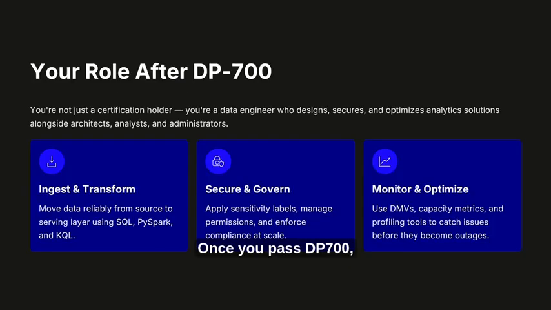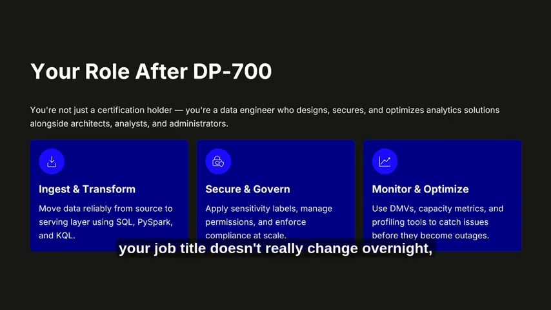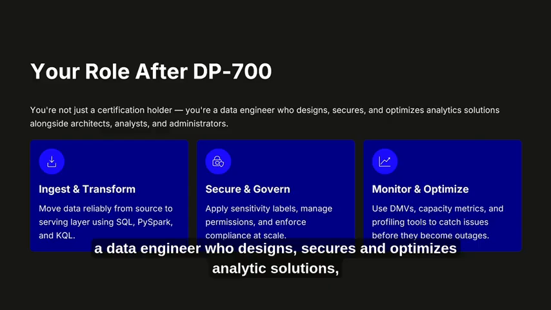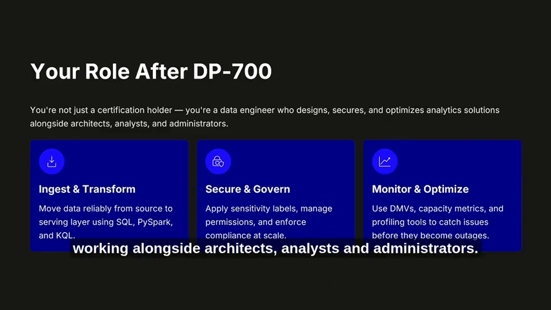Once you pass DP-700, your job title doesn't really change overnight, but your responsibility does. You are not just someone holding a certificate anymore. You are a data engineer who designs, secures, and optimizes analytic solutions, working alongside architects, analysts, and administrators.